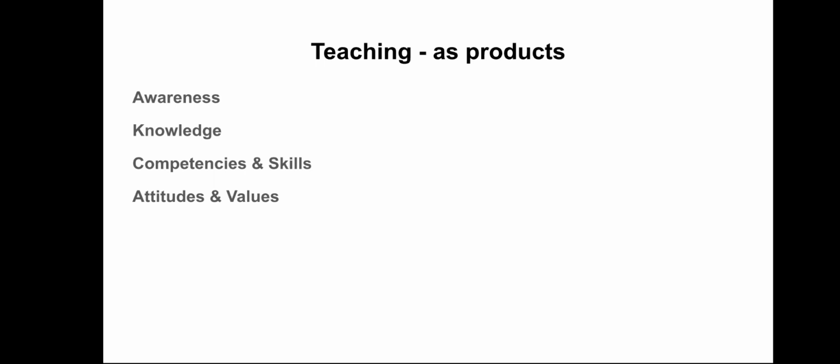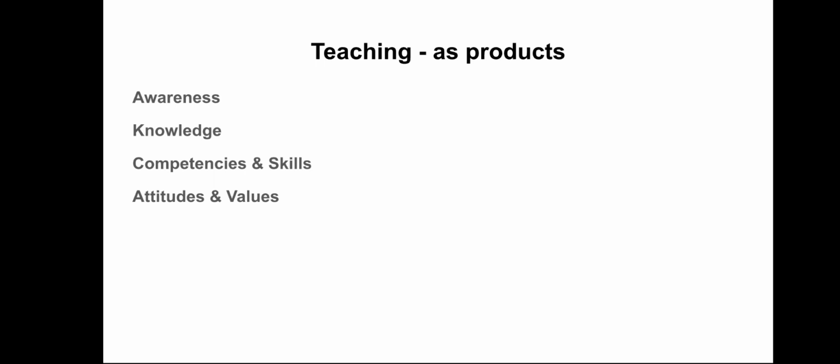And another intended product shall be generation or development of knowledge. Knowledge in learners is a product. Then competencies and skills. That's another set of products, because teaching intended to develop a set of competencies, a set of skills in learners.